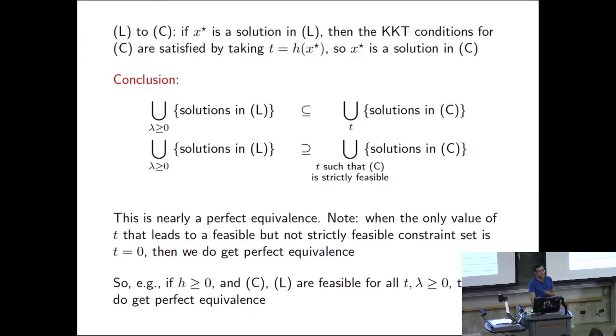We're going to look at the KKT conditions for the constrained form problem. We're going to claim that they're satisfied, and therefore we must have a solution to the constrained form. And the KKT conditions are always sufficient, right?